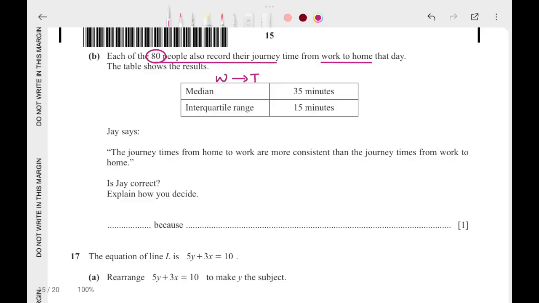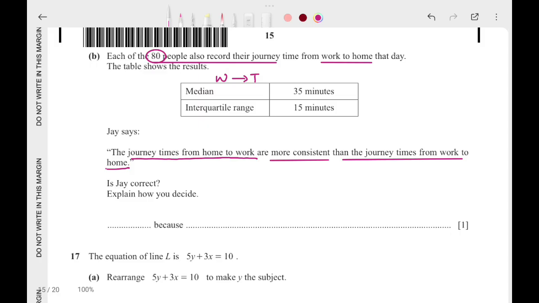J is the name of a person who says the journey times from home to work are more consistent than the journey times from work to home. Is J correct? Explain how you decided.